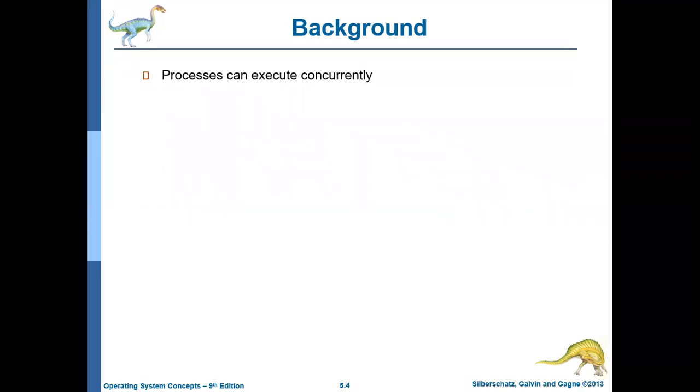Okay. So we know that processes can execute concurrently, and sometimes these concurrent processes may share common data. And if two processes are sharing a common data item, and if they are executing concurrently, then it may lead to a problem called data inconsistency.